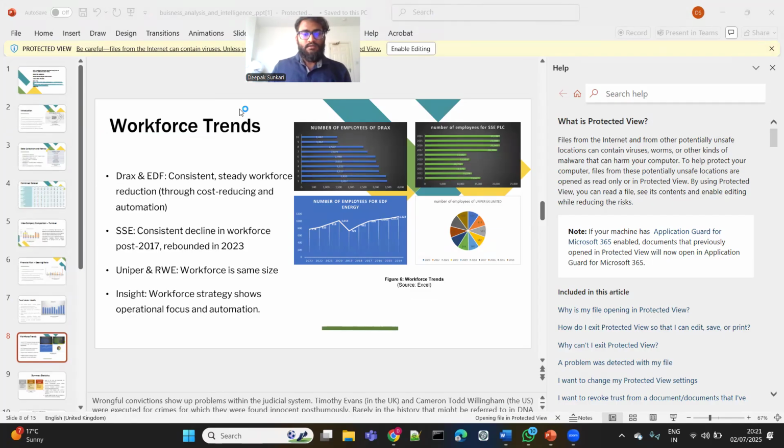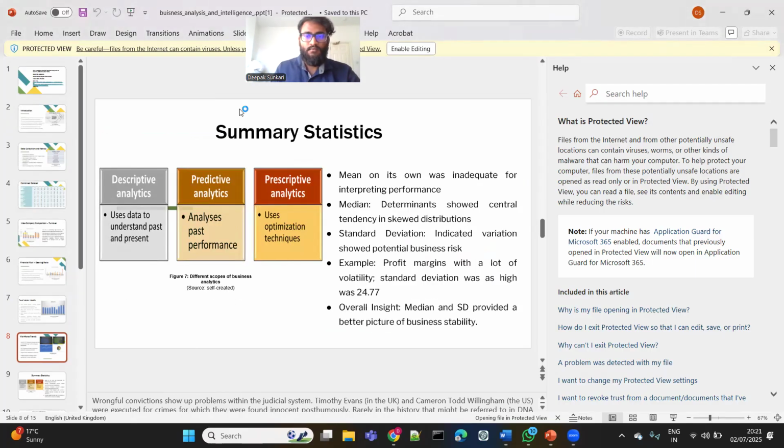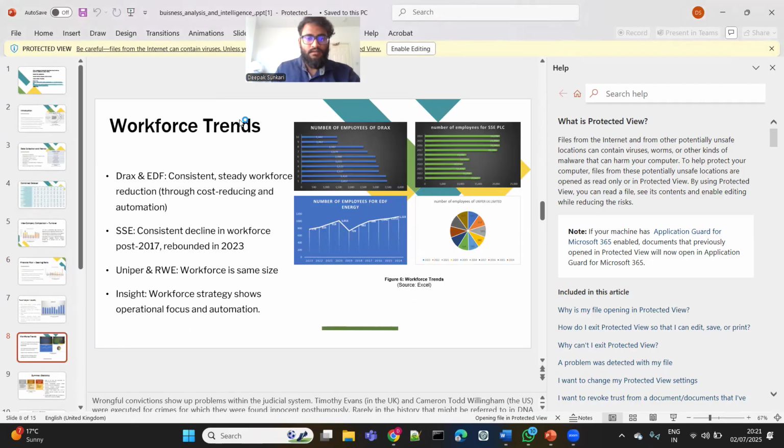Here is the liquidity ratio, the number of employees of Uniper UK Limited, the number of employees of Drax, of SSE PLC, and of EDF Energy. These all show a consistent decline in workforce from 2017, and rebounded in 2023.